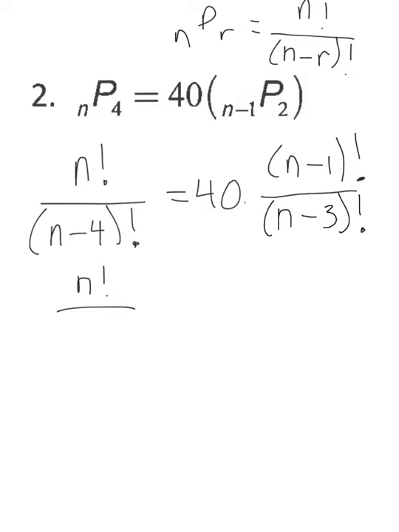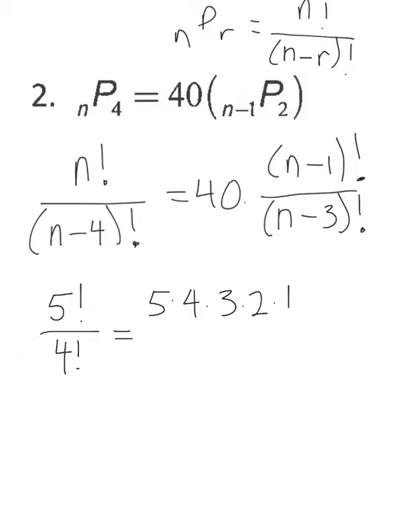All right, so before we continue on with this problem, as this is probably the first time you've seen factorial, let's look at a side concept before we go about how to solve this. If I have 5 factorial over 4 factorial, that would be 5 times 4 times 3 times 2 times 1 over 4 times 3 times 2 times 1.